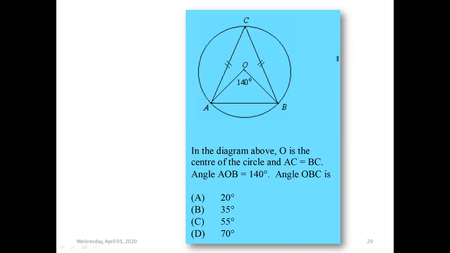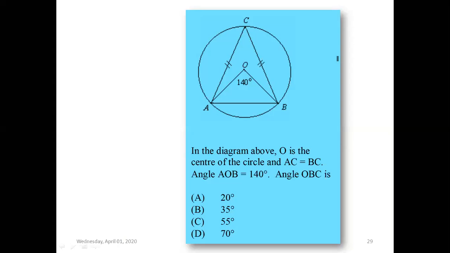So this is a circle theorem question. There are 70 degrees. One guess. Can you explain how you get it?